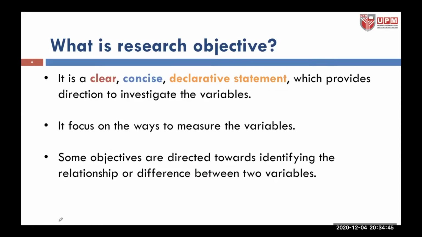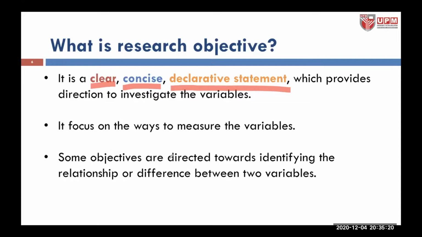It can be stated as a clear, concise, and declarative statement, which provides direction to investigate the variables and the design parameters. It focuses on the ways to measure the variables. So in the research objective, we will state the measures to obtain the variables, the design parameters and the performance parameters.